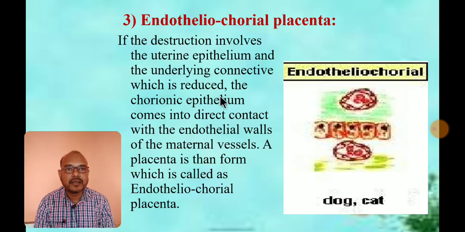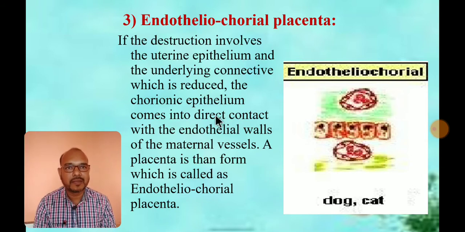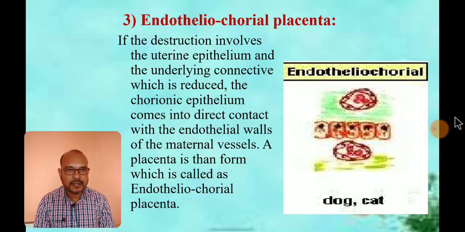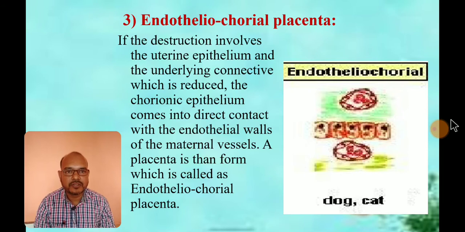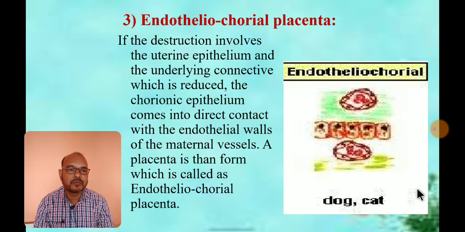The third one, the endothelial placenta. If the destruction involves the uterine epithelium and the underlying connective tissue, which is reduced, the chorionic epithelium comes into direct contact with the endothelial walls of the maternal vessels. The best examples are the dog and cat.